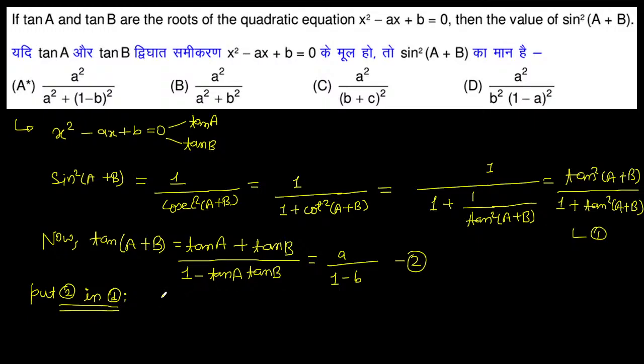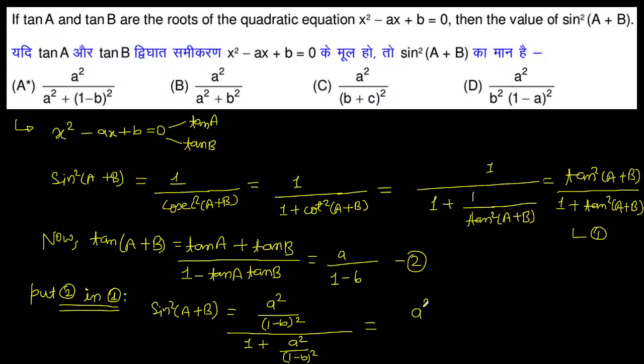So on putting 2 in 1, we get sine square (a plus b) is equal to a square upon (1 minus b) whole square, divided by 1 plus a square upon (1 minus b) whole square.